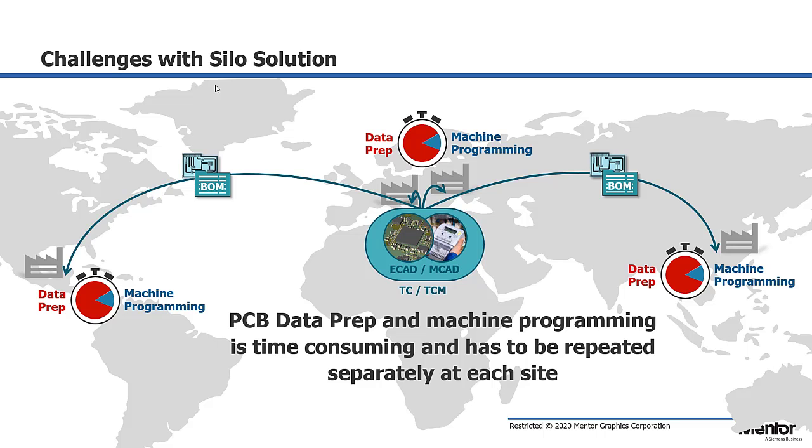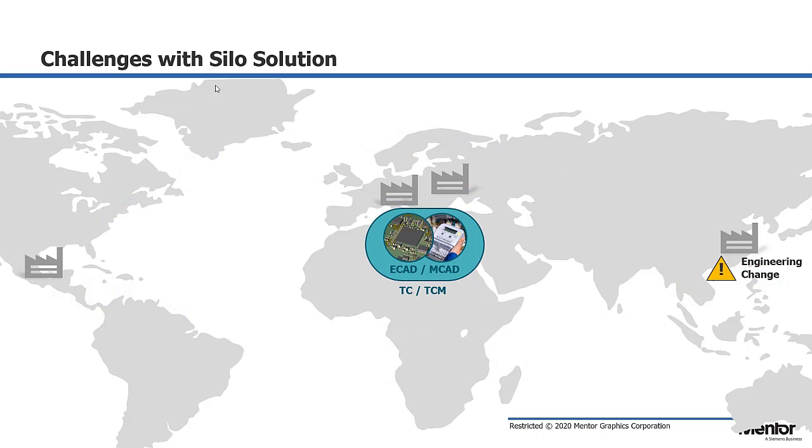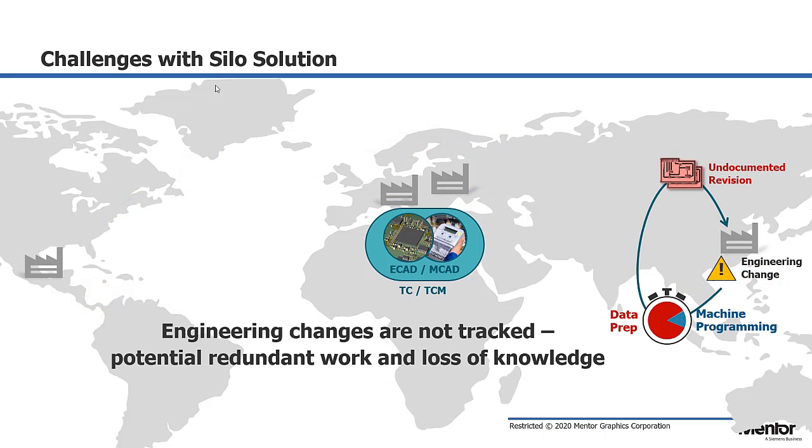And if a problem occurs in one of the facilities, it is being handled only in this facility, and none of the other facilities knows about it and takes benefit of the fact that the facility in China, for instance, resolved this issue. So if the other facilities encounter the same issue, they will have to deal with this on their own, not knowing that the facility in China already resolved this issue.